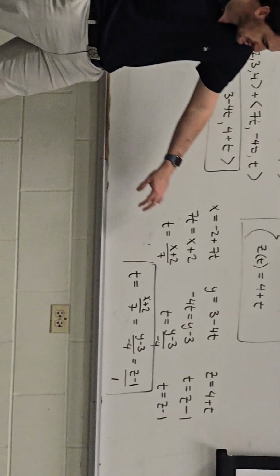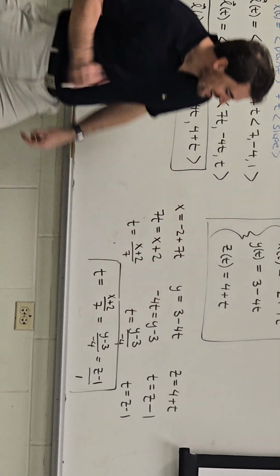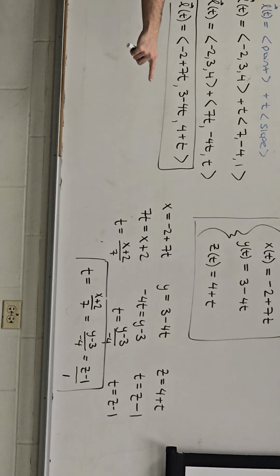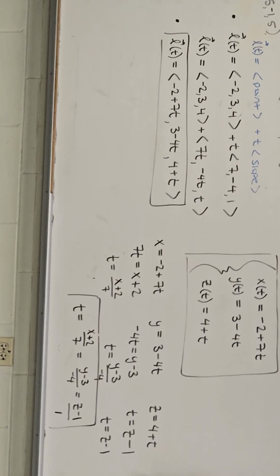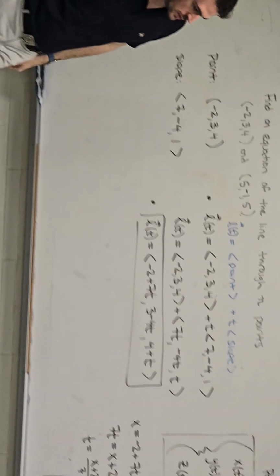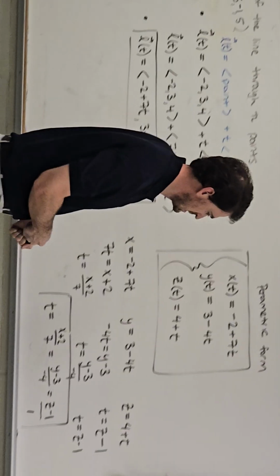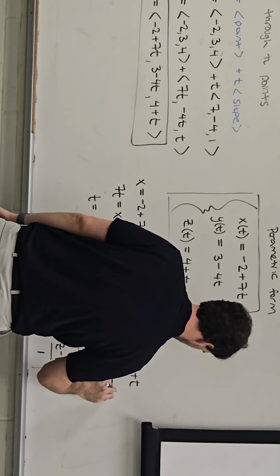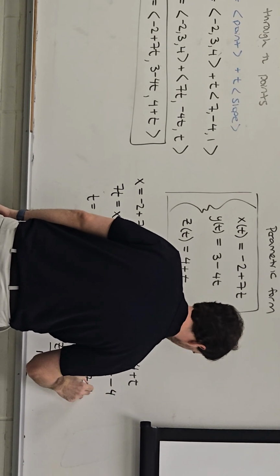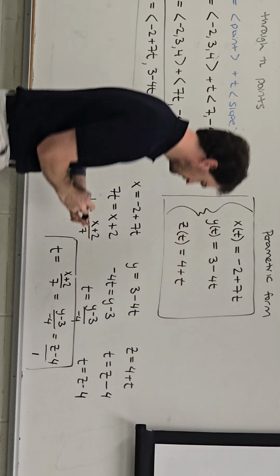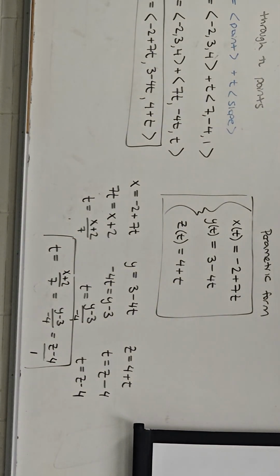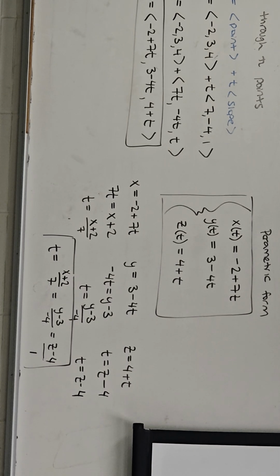And then the points are just going to be the changed signs of each of these. So it'll be -2, +3, -4. Questions?